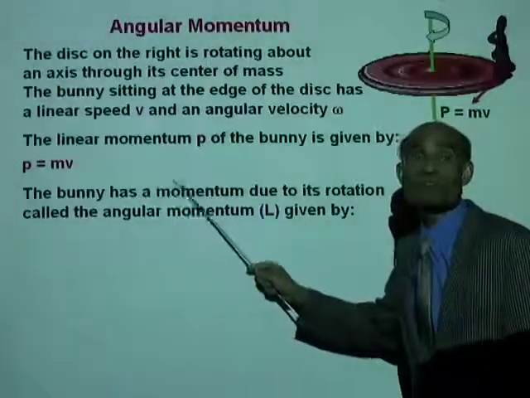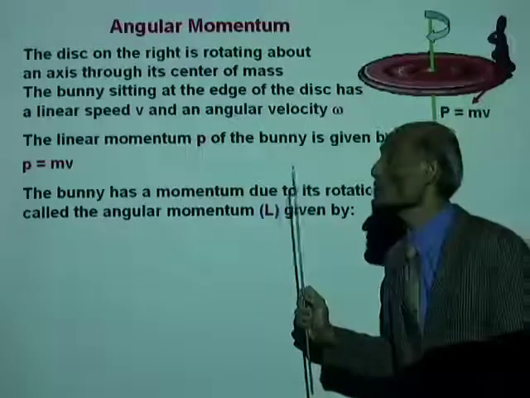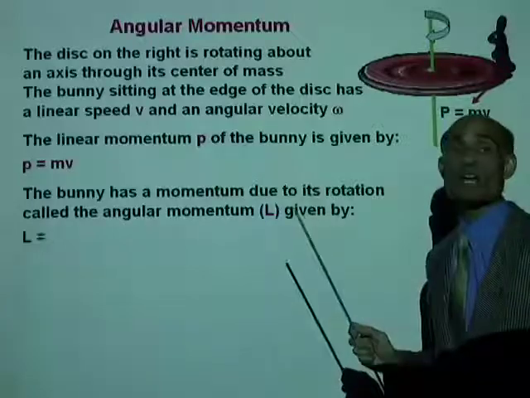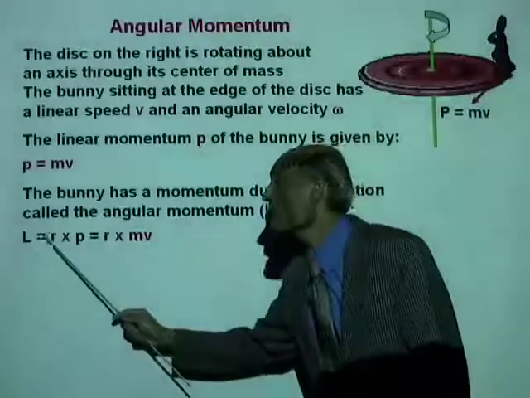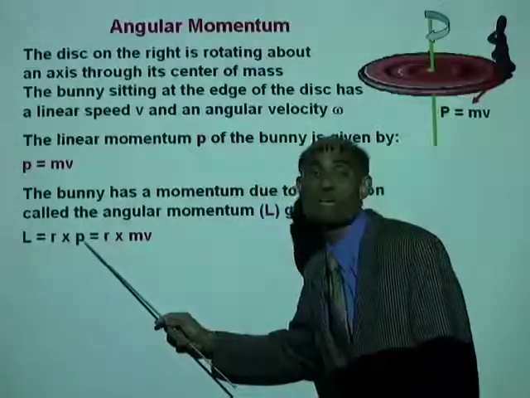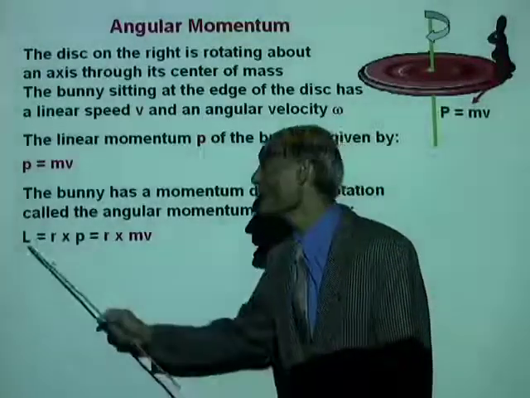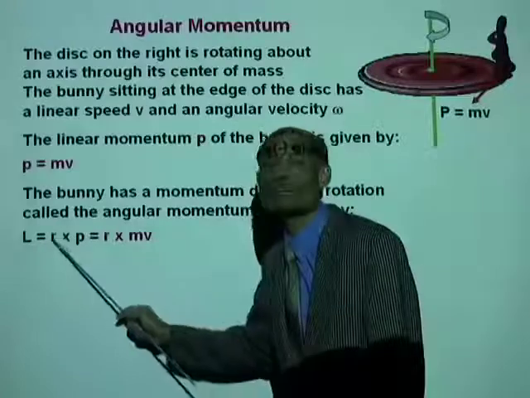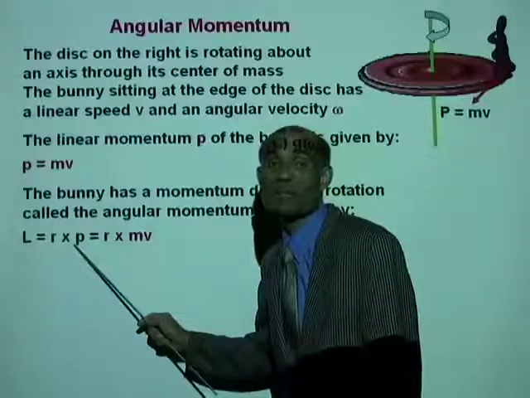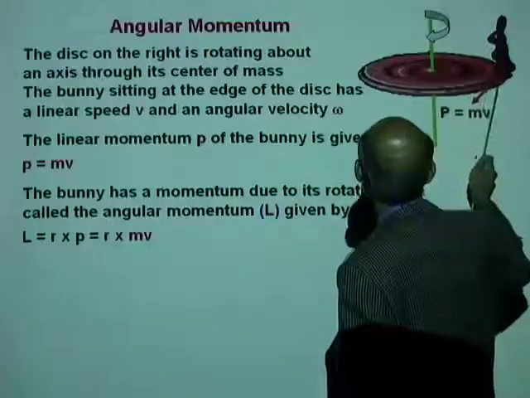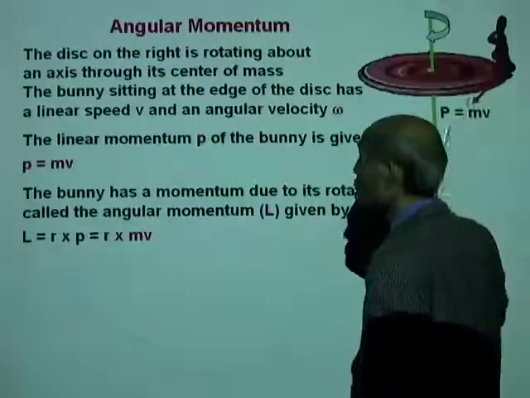The bunny has a momentum due to its rotation called the angular momentum, and the angular momentum is given by r times p. In fact, this is also a cross product: L equal to r cross p. Now, in this case, r is the radius and p is tangential.